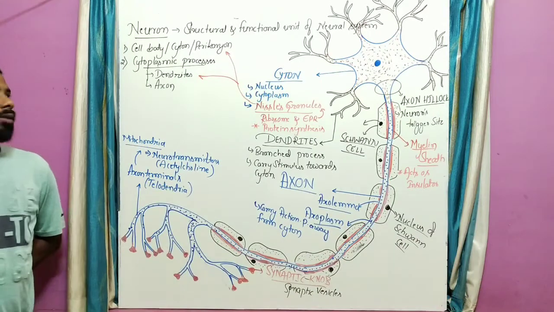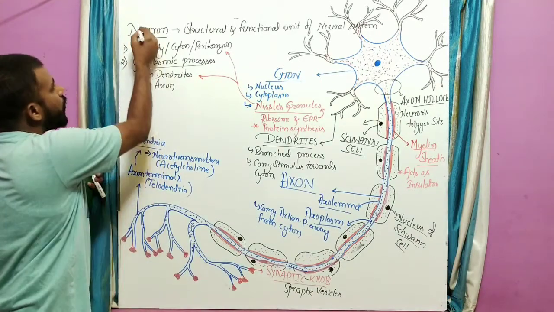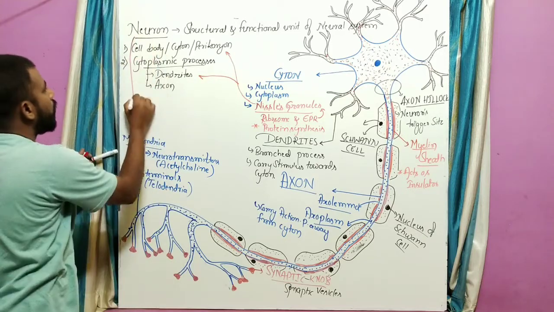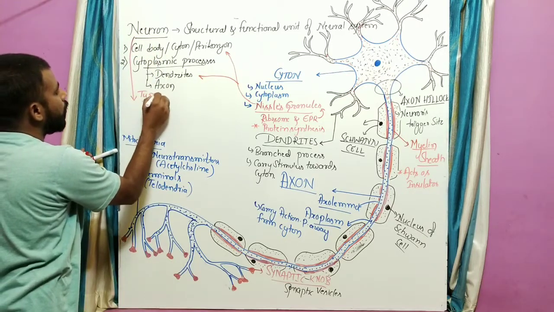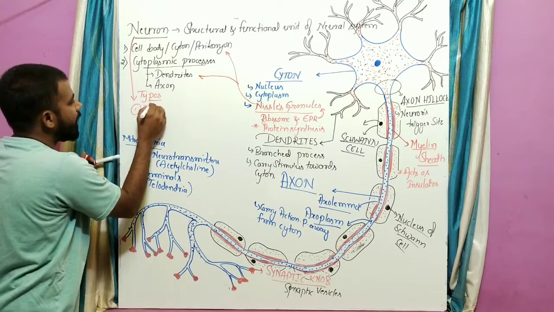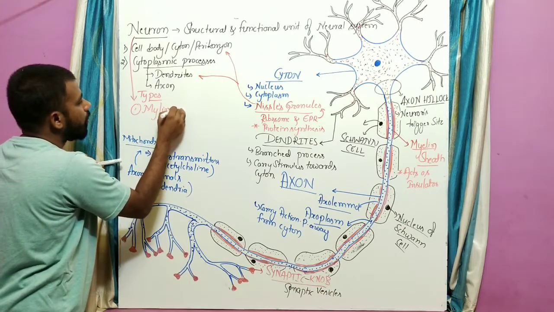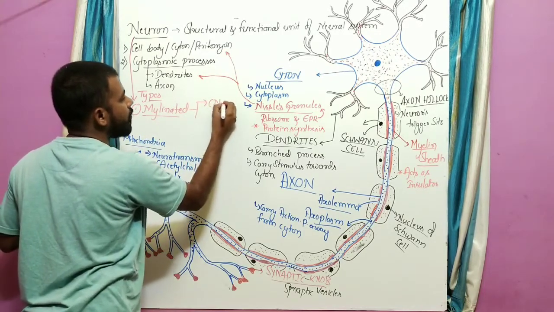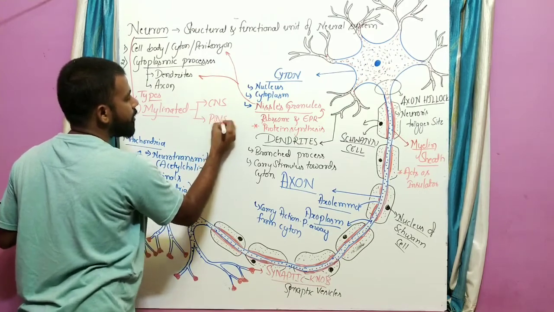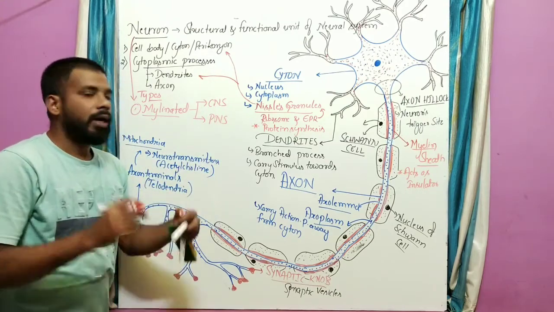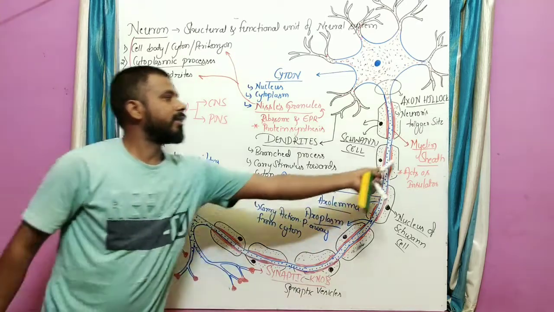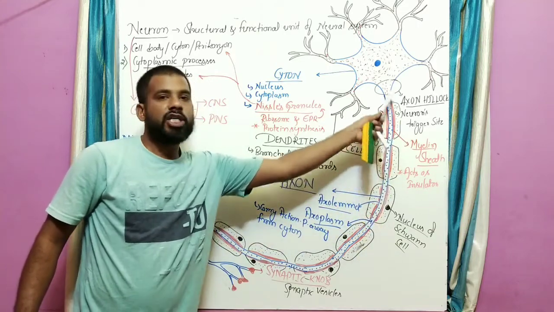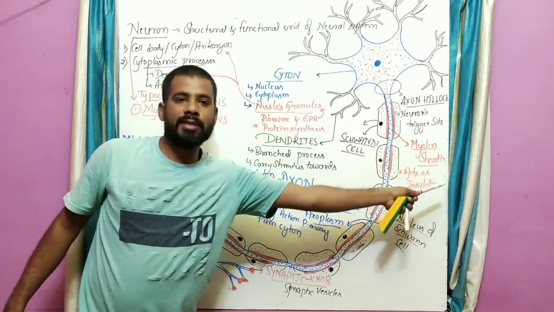Based on the presence or absence of myelin sheath, neurons are of two types. The first one is the myelinated neuron. Myelinated neurons are found in the central nervous system and peripheral nervous system. As I said earlier, in the peripheral nervous system, the myelin sheath is formed with the help of Schwann cells, meaning Schwann cells help in myelinogenesis.